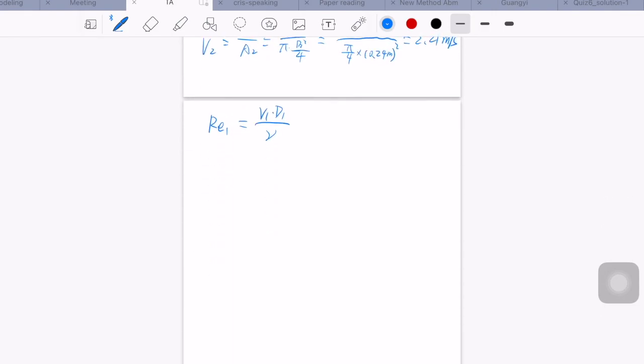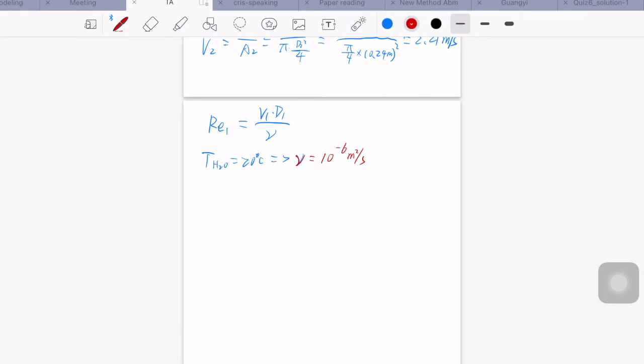So when water temperature is 20 degrees Celsius, we can determine that the nu should be equal to 10 to the power of -6 square meter per second.